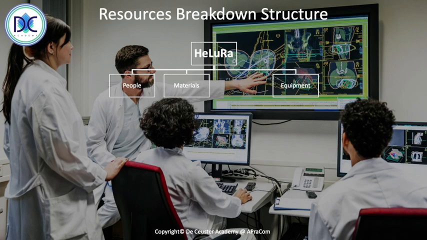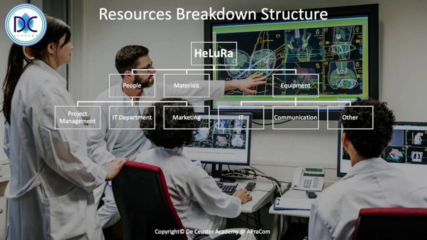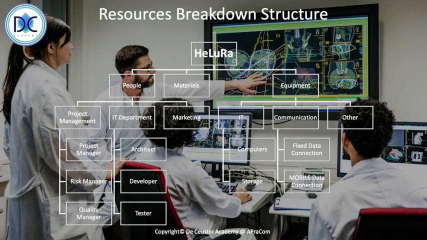For people, we need the project management, the IT department, the marketing. For equipment, we need IT, communication, and some other equipment that we may add here. For project management, we have the project manager, the risk manager, the quality manager. For the IT department, we have the architect, the developer, and the tester.